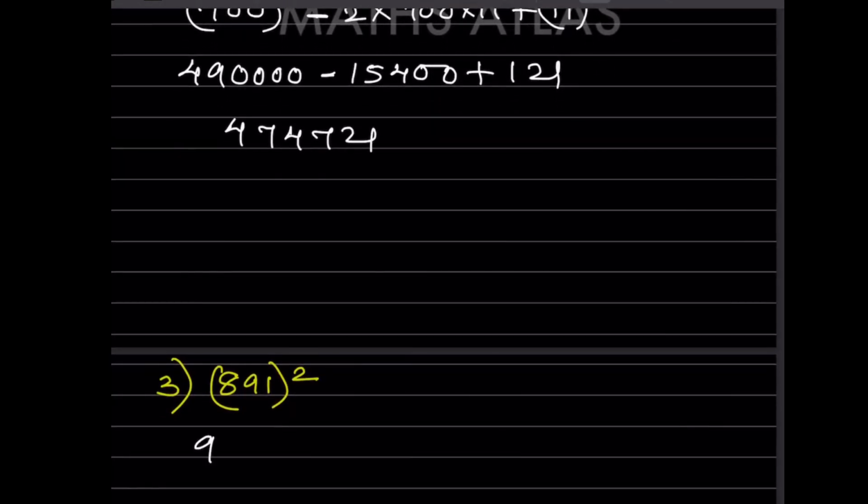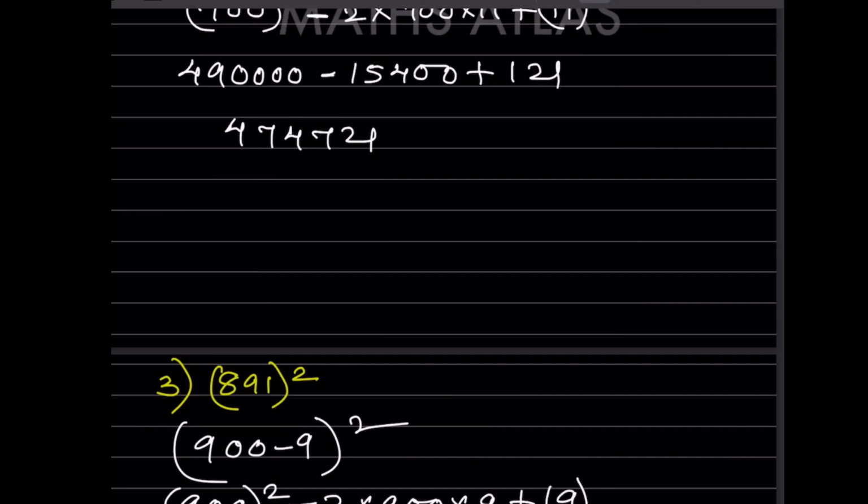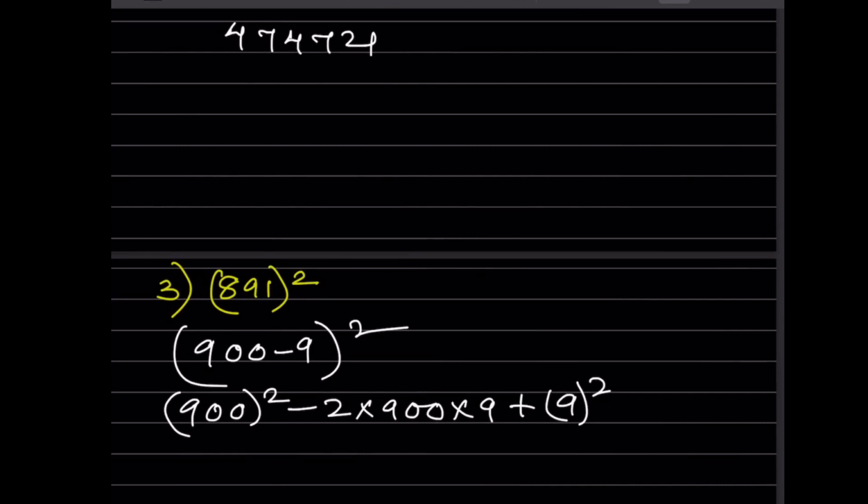Now here, 900 minus 9, you can write this square. So 900 minus 9 is going to be 891. So 900 square minus 2ab, means 2 into 900 into 9, plus 9 square. So this is going to be 9 9s are 81, minus, here when you multiply this together, this is going to be 16 and this is going to be 81.